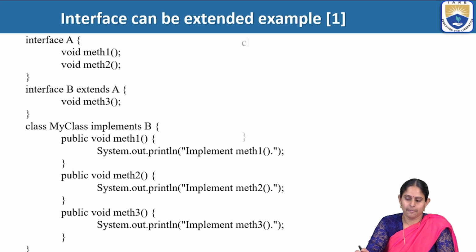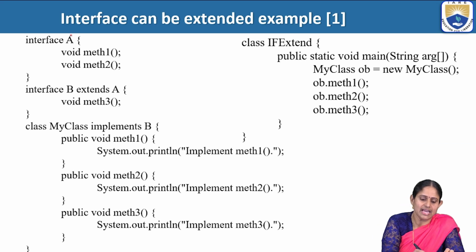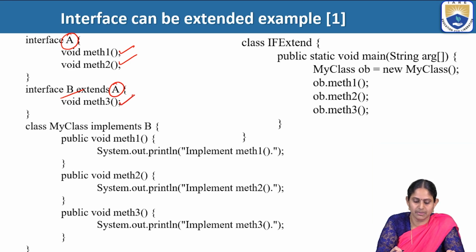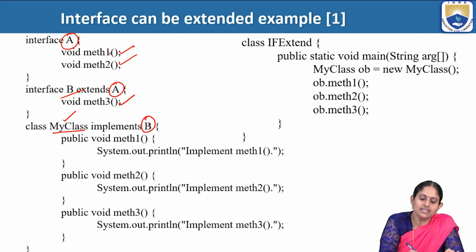Let's see an example. In this case, we are having an interface A with two abstract methods, meth1 and meth2. Then we are having an interface B, which is extending interface A. B is having its own abstract method, meth3. Now, MyClass is a class which is implementing interface B. Since B inherited interface A, this class has to provide an implementation for all three methods, meth1, meth2 and meth3.